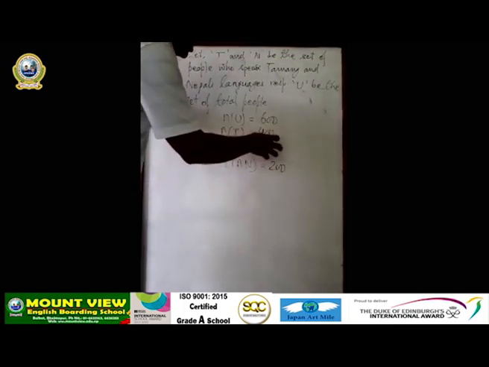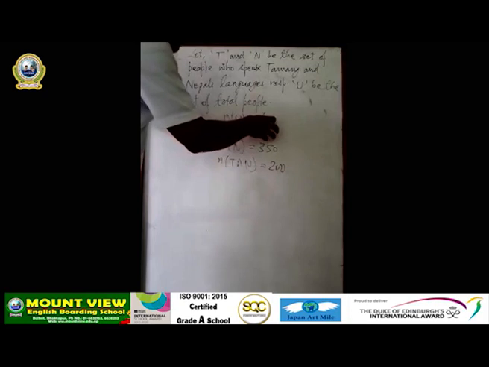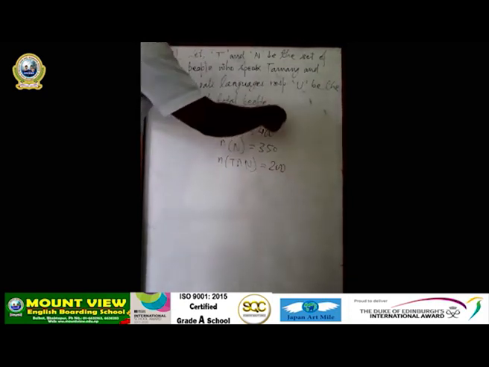Look, हेर त दुईटै ल्याङ्ग्वेज बोल्न सक्ने 200 रहेछ. ओन्ली नेपाली भन्ने हैन कि नेपाली बोल्ने 350, तामाङ बोल्ने 400. टोटल सर्वे गर्दाखेरि हामीले आउट अफ 600 पिपलमा सर्वे गर्यौ.